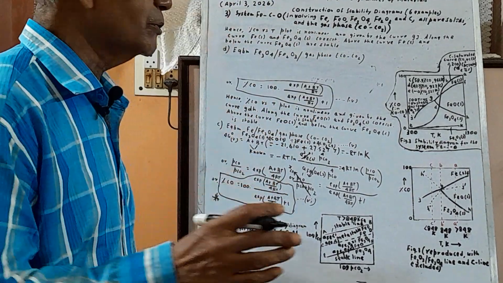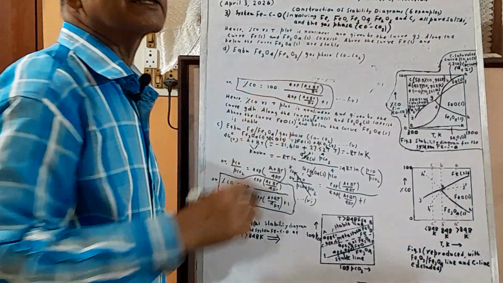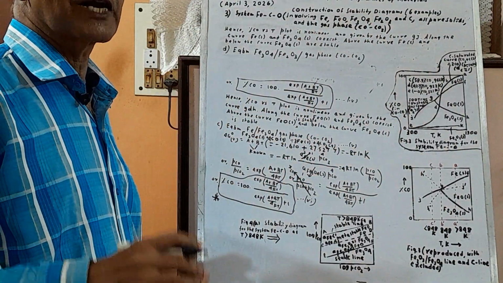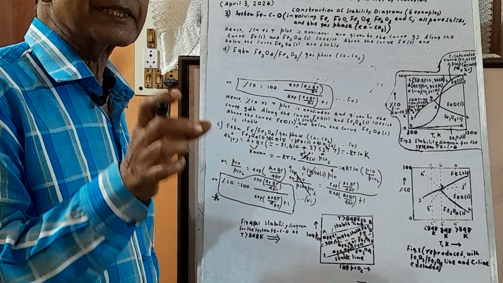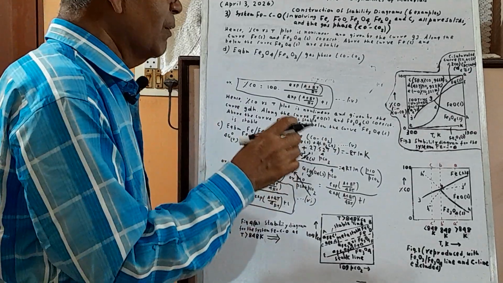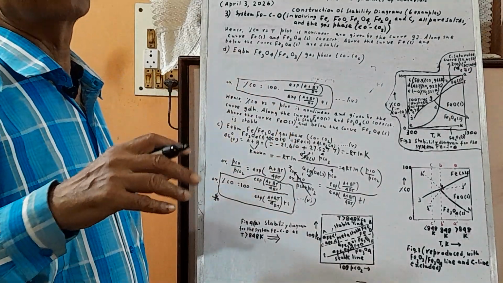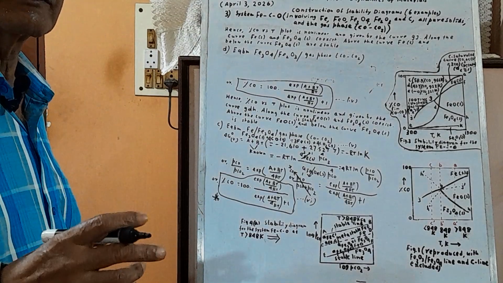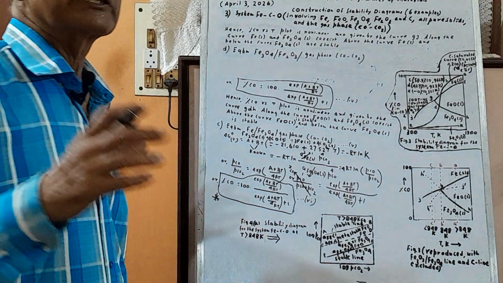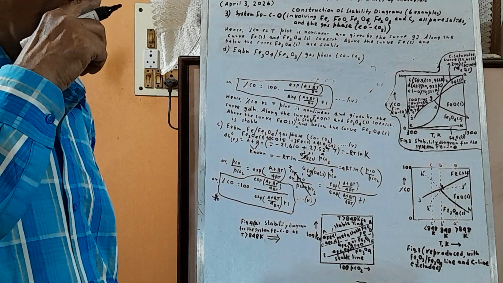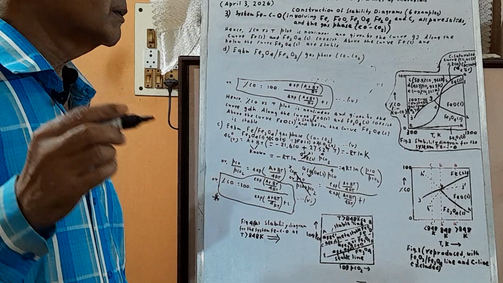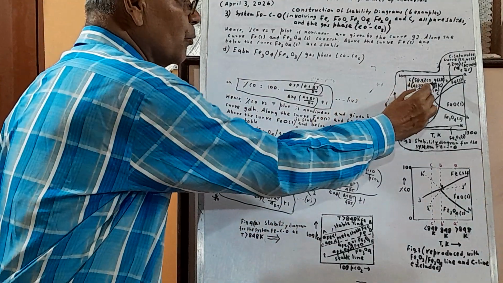Then apply this curve. Exclude nitrogen, and of the remaining gas, find the percentage of CO and percentage of CO2. Now what will happen? Remember, this is drawn for 1 atmosphere.